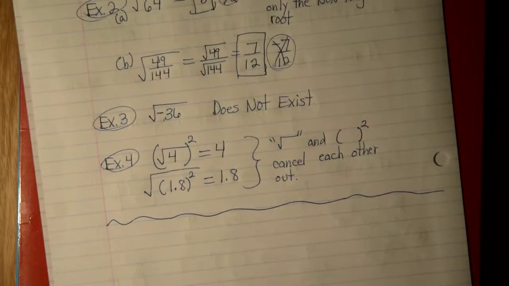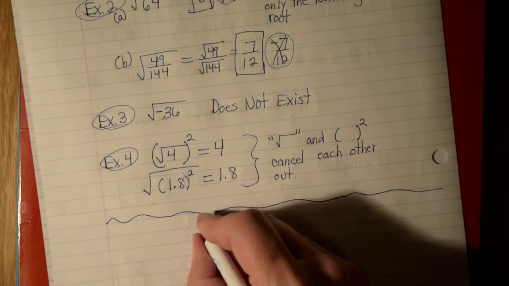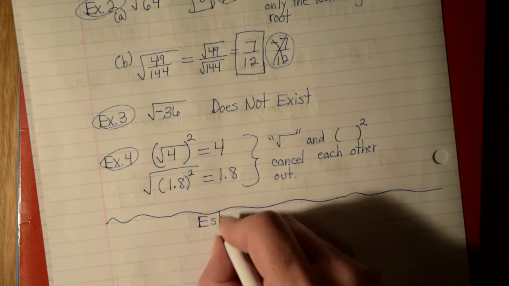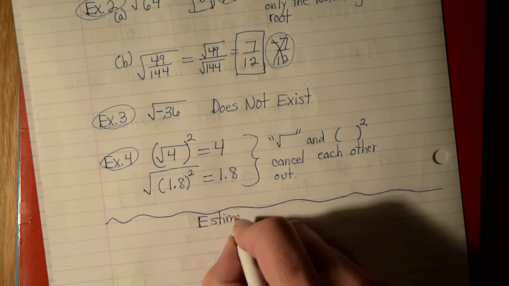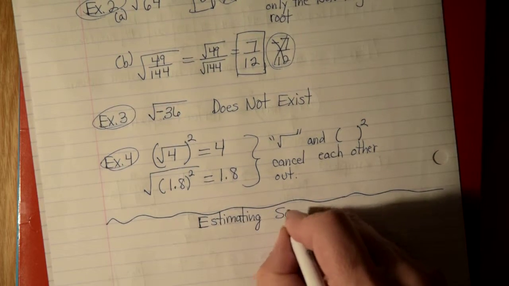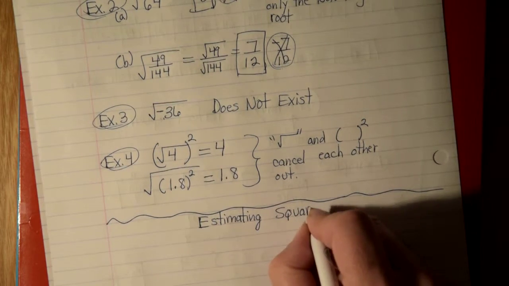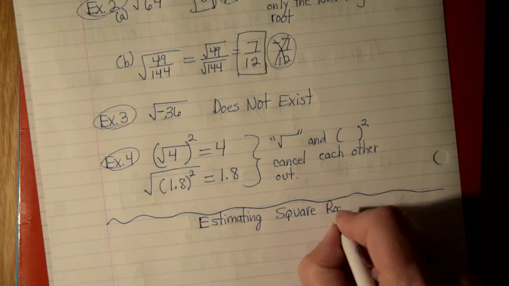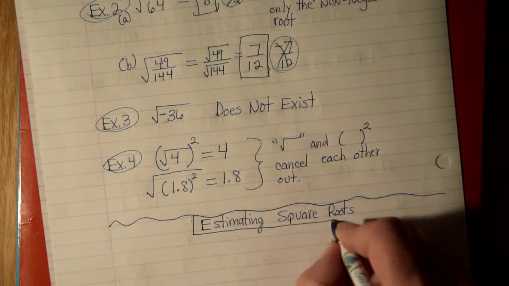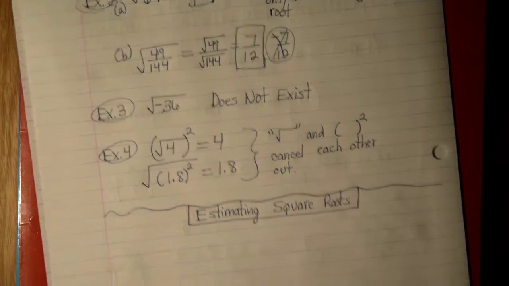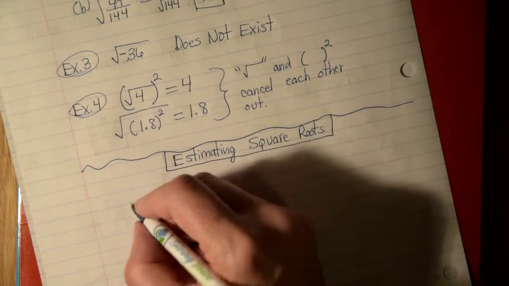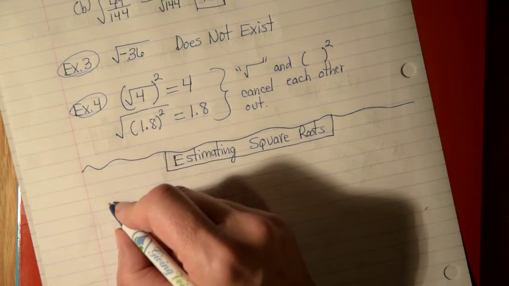Okay, this next section, it's still part of section 1-2, but they're different kind of problems. Estimating square roots. With practice, these will make more sense. Before I do it, let me list out the perfect squares.